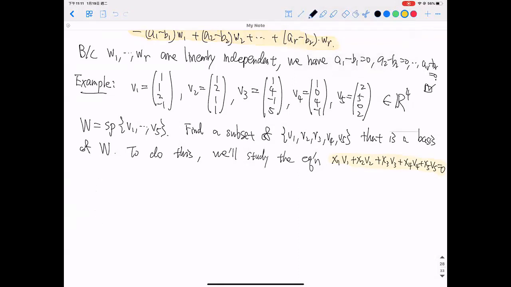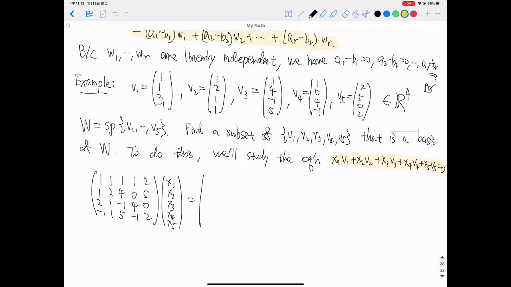So if I put 1, 1, 2, minus 1, 1, 2, 1, 1, 1, 4, minus 1, 5, 1, 0, 4, minus 1, 2, 5, 0, 2, times x1, x2, x3, x4, x5, equaling 0, 0, 0, 0.